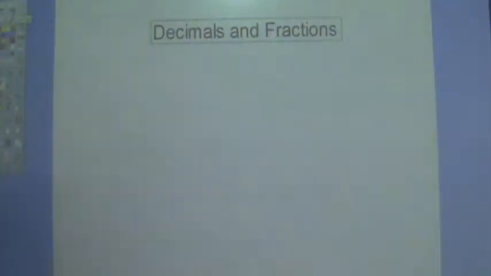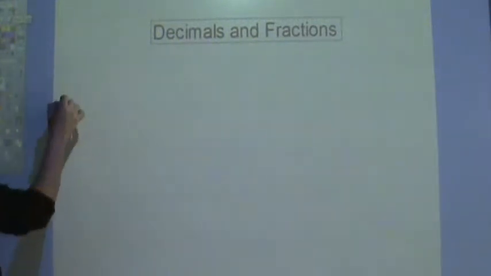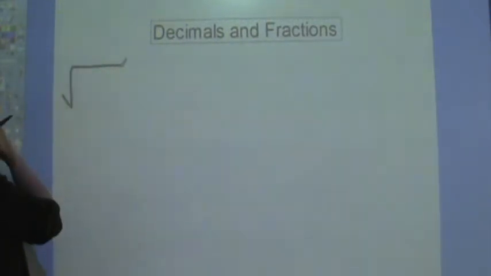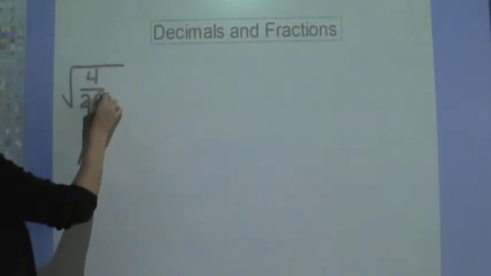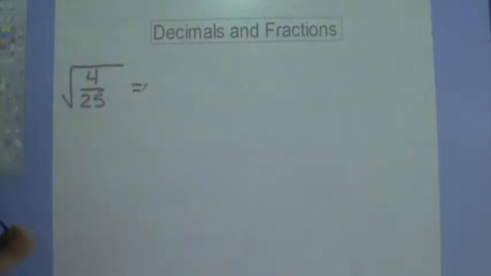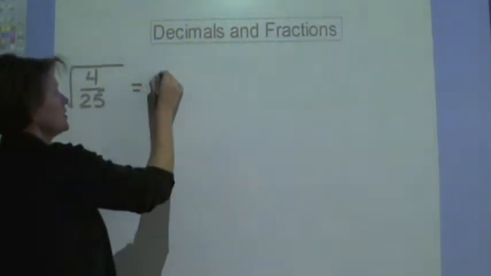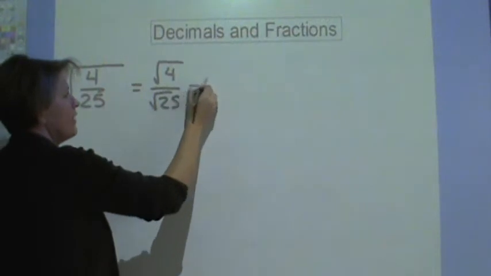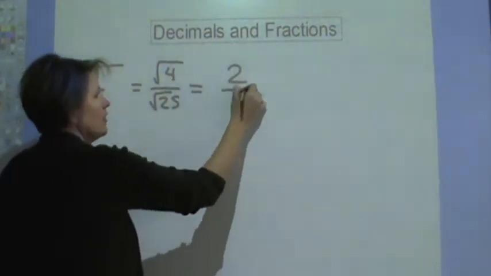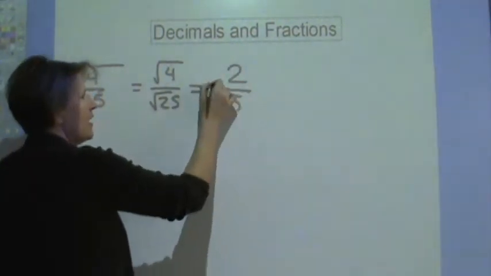All right, decimals and fractions. Something like the square root of, let's say, 4/25. You can think of that as splitting it, so it's the square root of 4 over the square root of 25. Well, the square root of 4 is 2. The square root of 25 is 5.